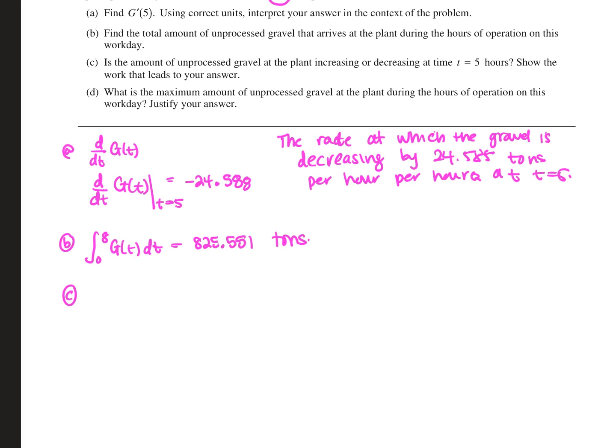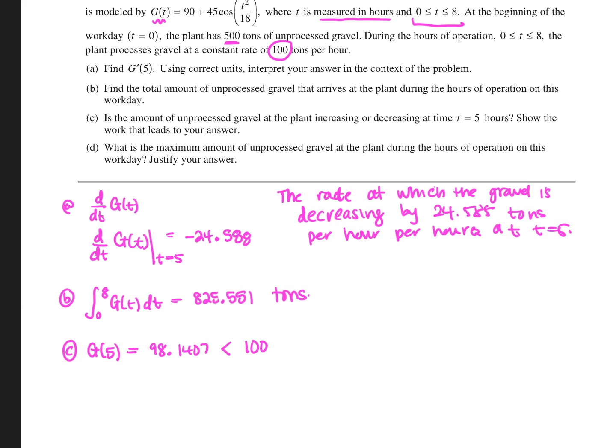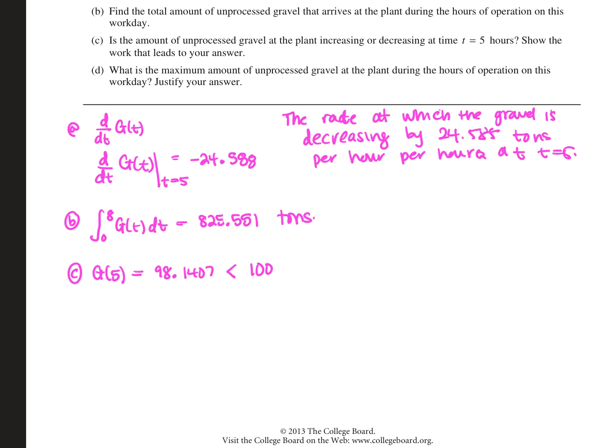So let's see, G of 5 is equal to 98.1407, and remember that per hour we are going down by 100 because we're processing 100 tons per hour. So it is still decreasing at that point.